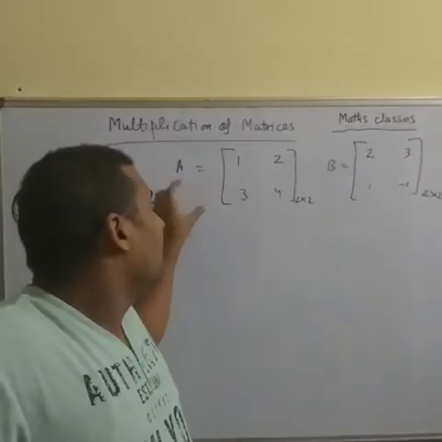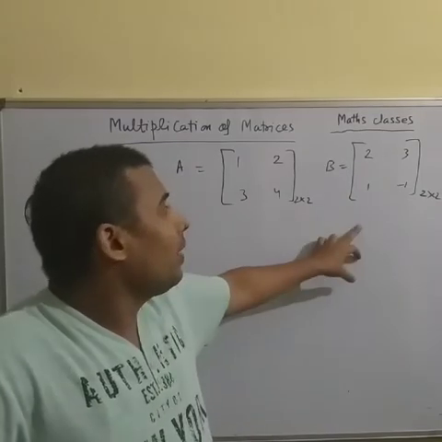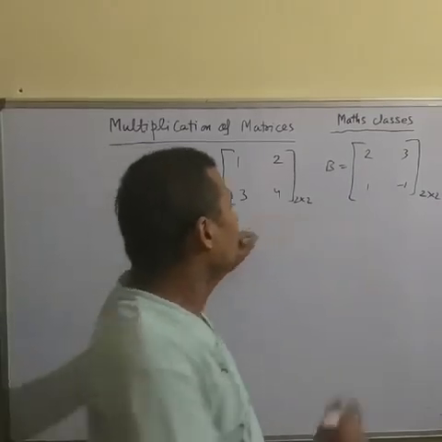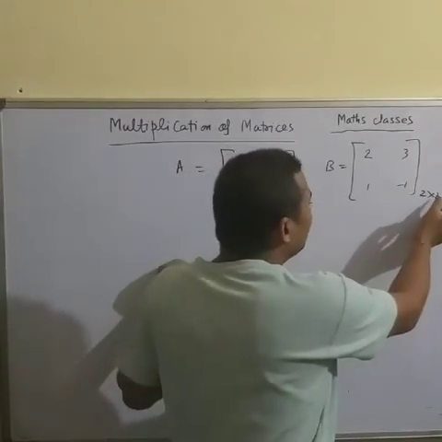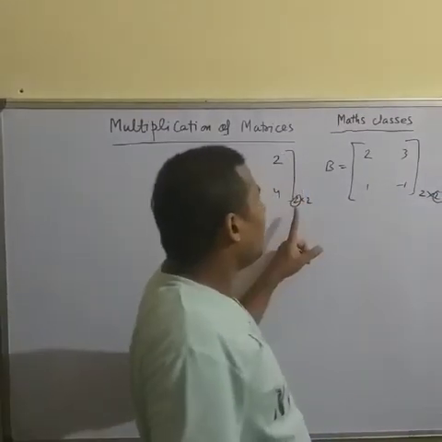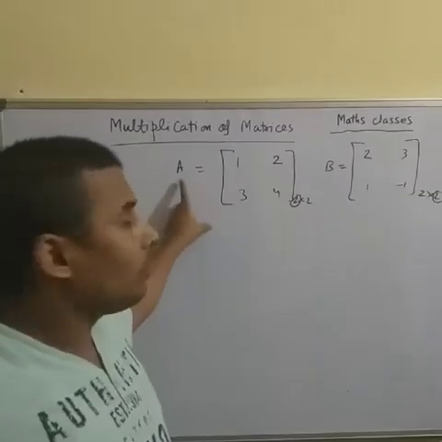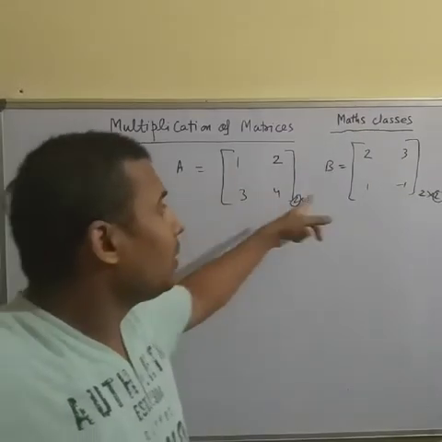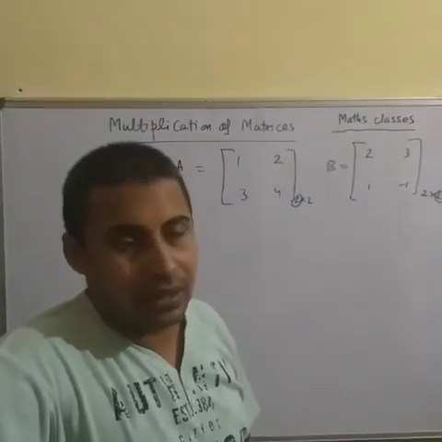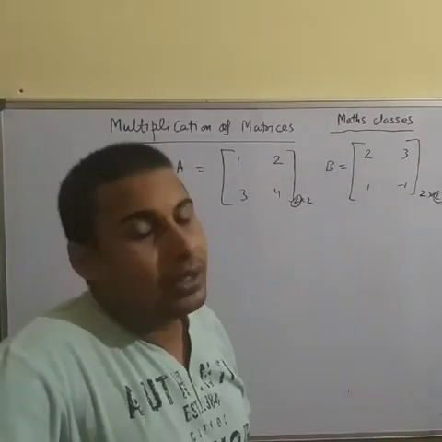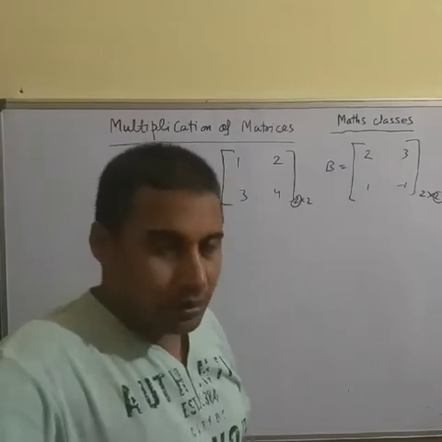It means for matrices A and B, this is 2 and this is also 2. If both are the same, then multiplication is possible. Let's start.